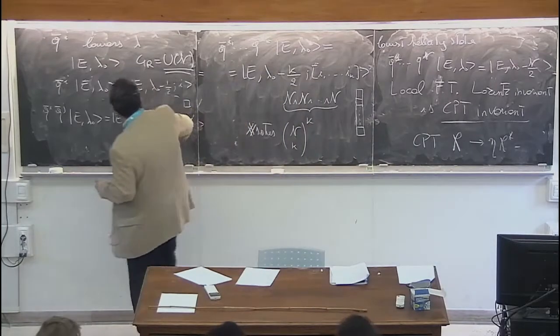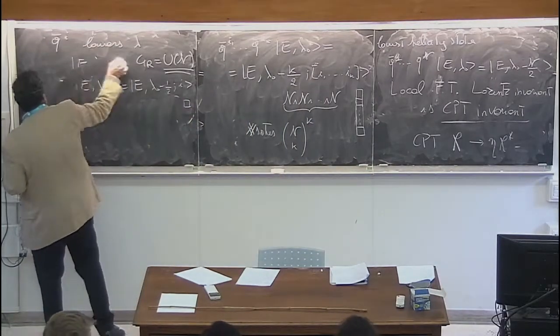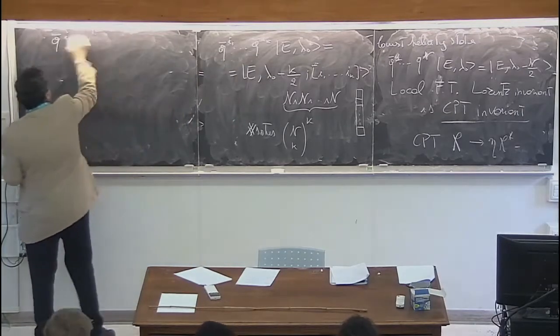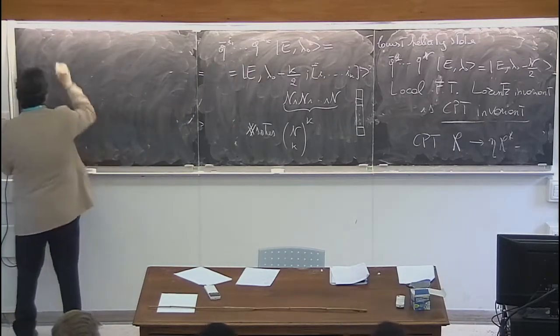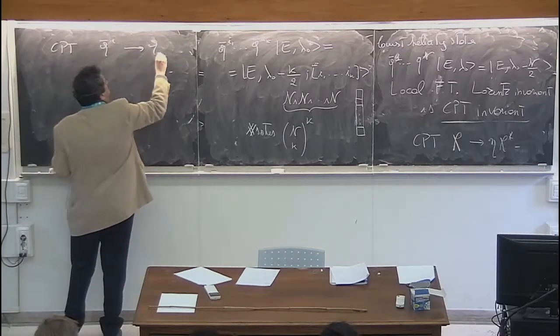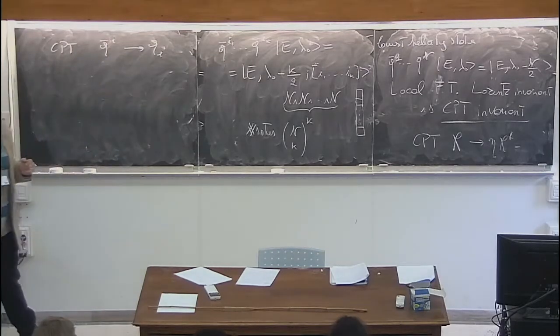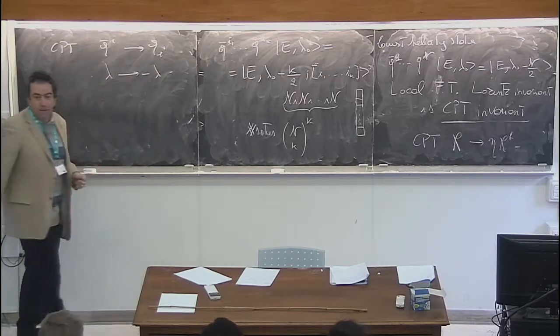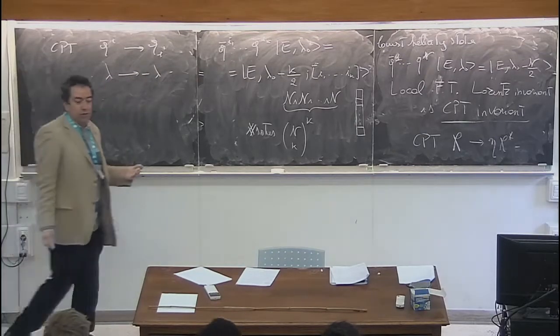And in particular, it maps qi, q bar i into qi. And moreover, it also maps helicity lambda into minus lambda. Helicity is odd with respect to CPT.